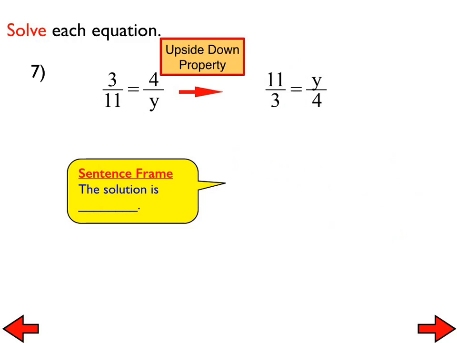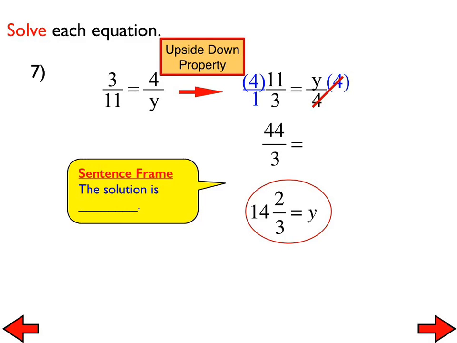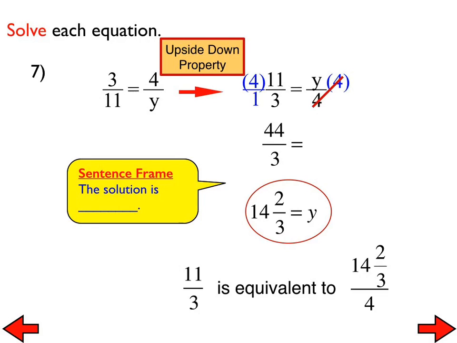If you did it the new way, you would want to multiply both sides by 4, because that's the inverse property to dividing by 4. And we made our 1 right there, so now we need to figure out what 4 times 11/3 is, or 4 over 1 times 11 over 3. That once again is 44/3, and that is a solution of 14 2/3. So once again, rewriting this, 11 over 3 is equivalent to 14 2/3 over 4.